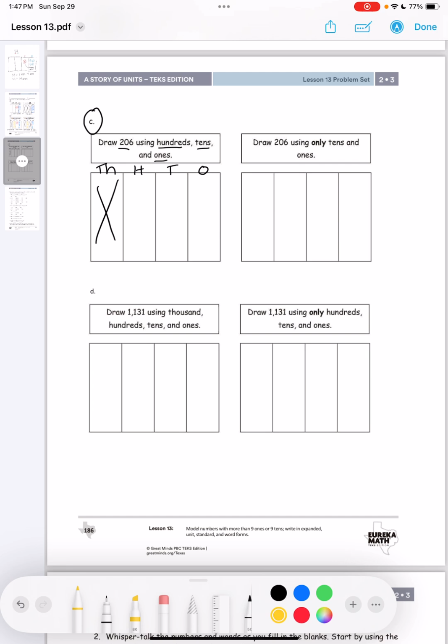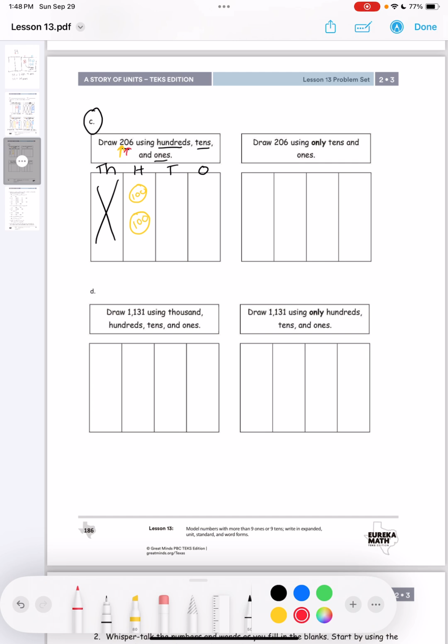I have 0 tens. So then I can go to my ones place. I have 6 ones that don't fit into a 10 or 100. So I'm going to put 6 place value discs in my ones place.